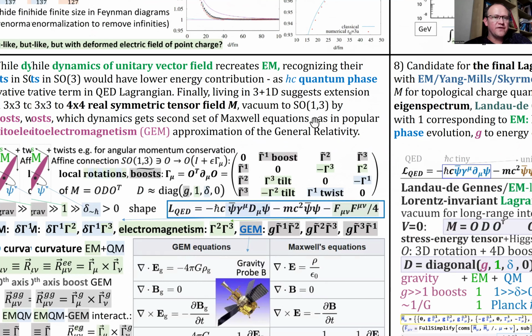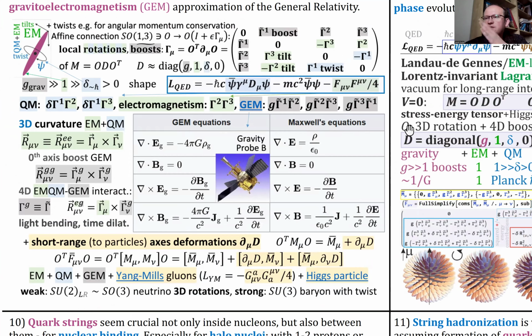Okay, so let's finally think about this dynamics of vacuum. We have started with unitary vectors, and they get to electromagnetism. Then we add a twist as quantum phase. So indeed in the QED Lagrangian we have both this high energy electromagnetism, but also the low energy ħc contribution of quantum phase evolution. They are both there. So also this twist is there, but with much lower contributions.